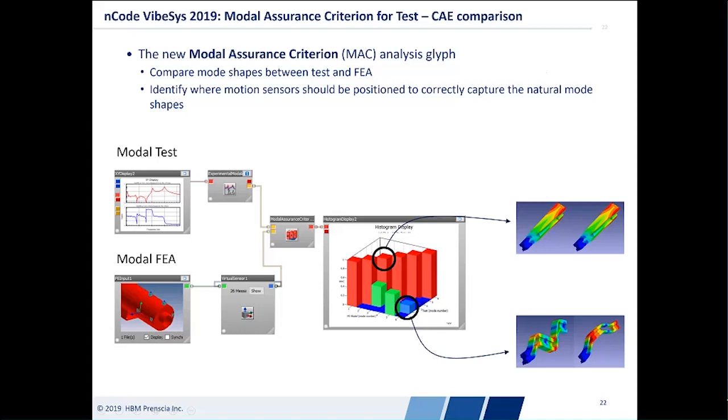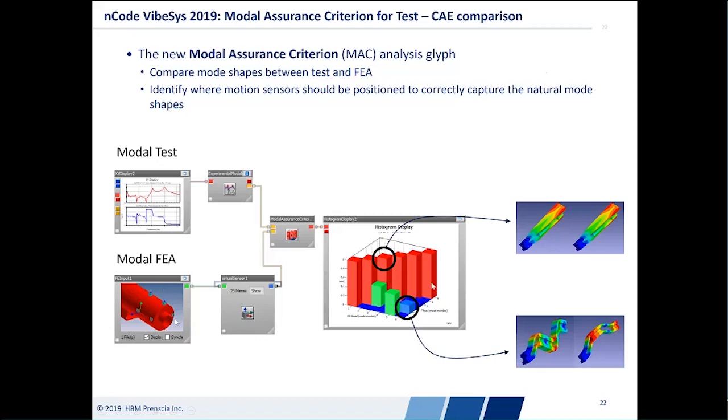So typically, what you're after is a diagonal histogram like this one, with very low values for the non-diagonal terms, right?